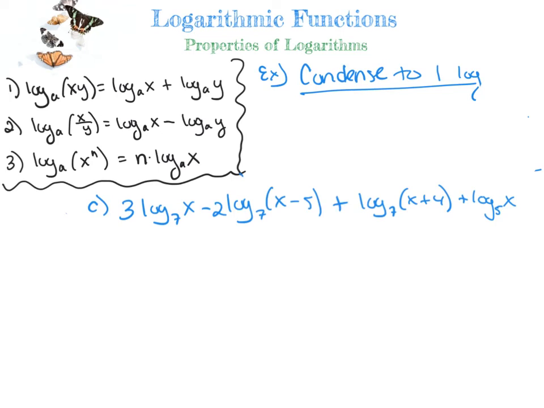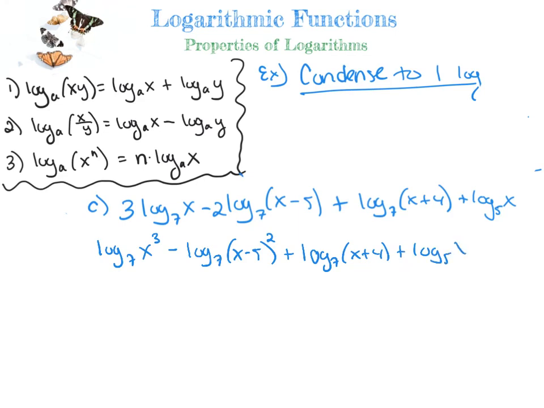So that would make this log base 7 of x to the 3rd minus log base 7 of x minus 5 squared. The last two don't have coefficients, so they're just going to stay plus log base 7 of x plus 4 and plus log base 5 of x.